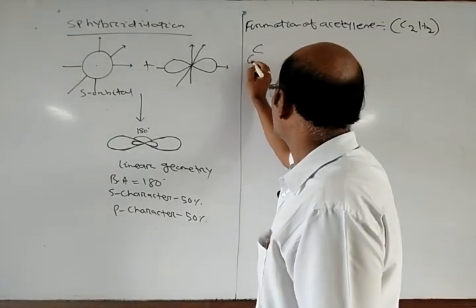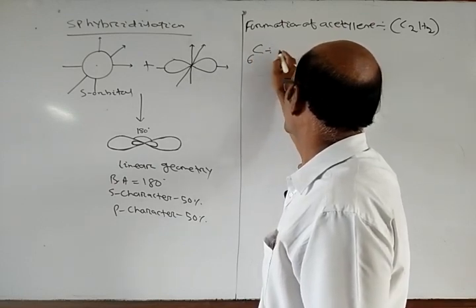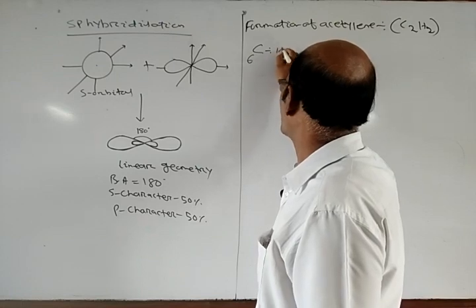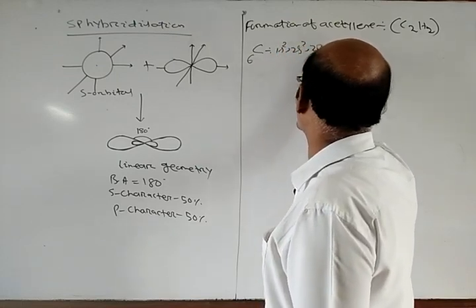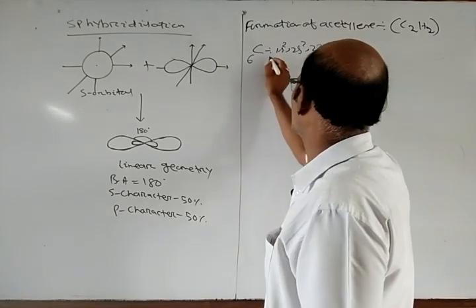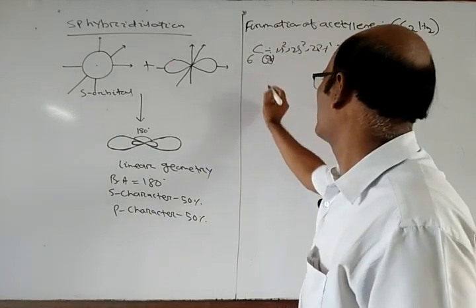Carbon 6, ground state: 1s2, 2s2, 2px1, 2py1.